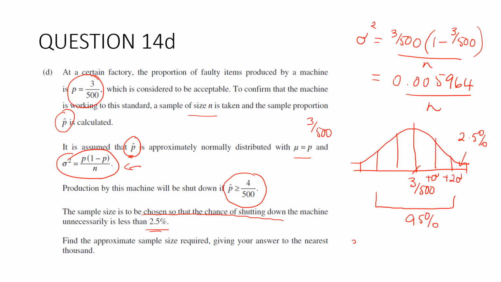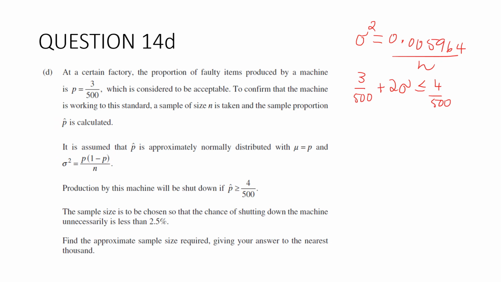So we want 3 over 500 plus 2 standard deviations to be less than or equal to 4 over 500. In other words, 2 sigma has to be less than or equal to 1 on 500. Sigma has to be less than or equal to 1 on 1000.